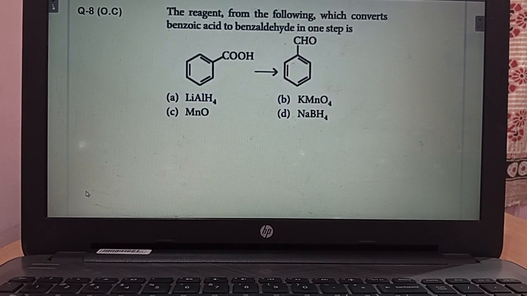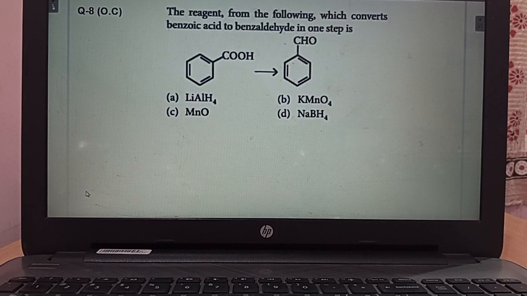Next question: which reagent from the following converts benzoic acid to benzaldehyde in one step? See the question carefully. Carboxylic acid converts into aldehyde. Actually, this should happen with mild oxidizing or mild reducing agents. The options are lithium aluminum hydride, sodium borohydride, manganese oxide and KMnO4.